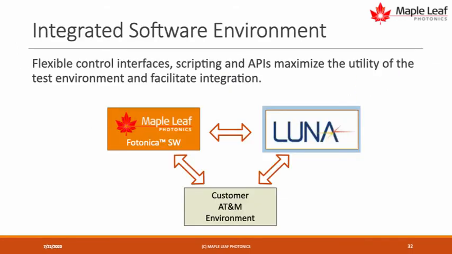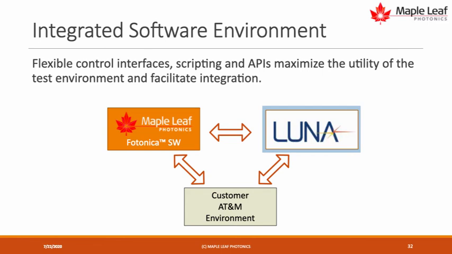And so to tie this all together, both Luna and Maple Leaf provide pretty extensive software interfaces that embody a lot of embedded control within each environment, and then interfaces that allow them to be controlled or to control others. So Maple Leaf has APIs and a scripting interface that allows a very efficient connection to the Luna products.